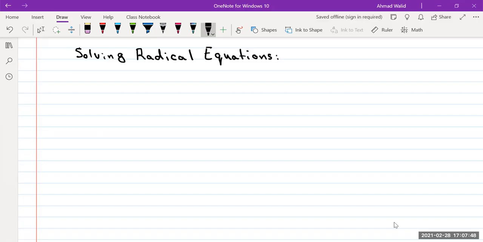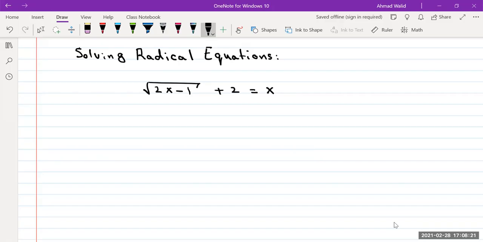To put a numeric example for you before even starting solving it, for example, if you get an equation like this, square root of 2x minus 1 plus 2 equal to, let's say, x, or a number, simple forms, right?